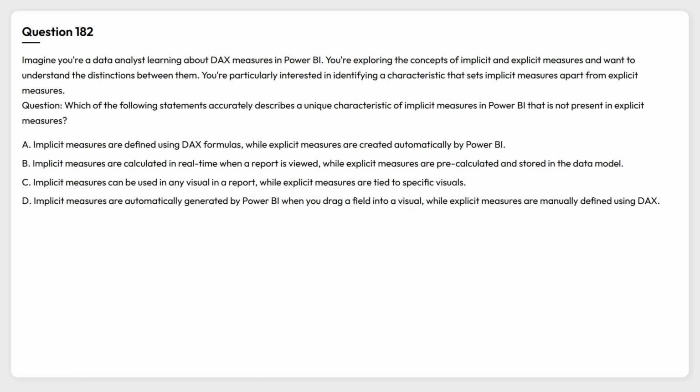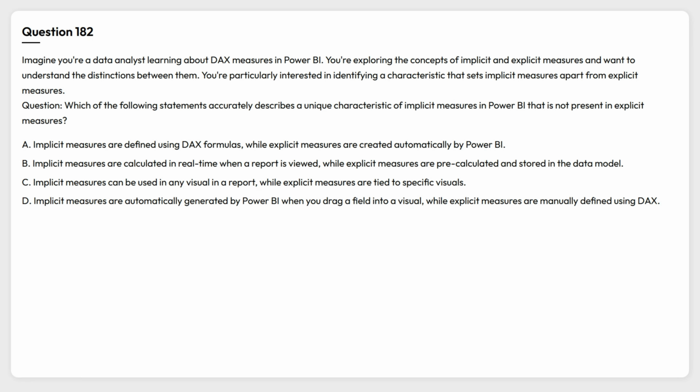Question number 182. Imagine you are a data analyst learning about DAX measures in Power BI. You're exploring the concept of implicit and explicit measures and want to understand the distinction between them.